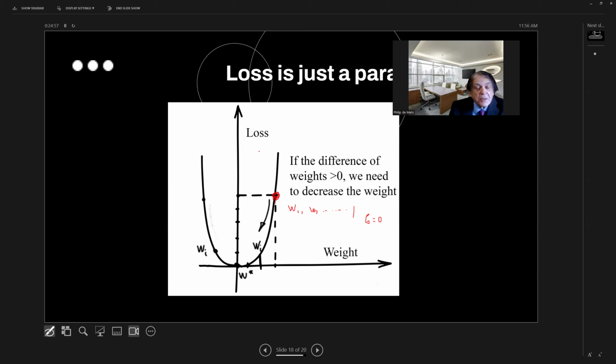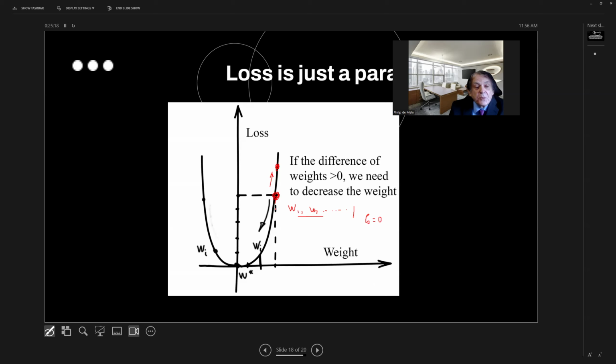This is the loss function. And then, for example, we change these parameters and we go here. It means that we are going in the wrong direction, because the loss function becomes larger.